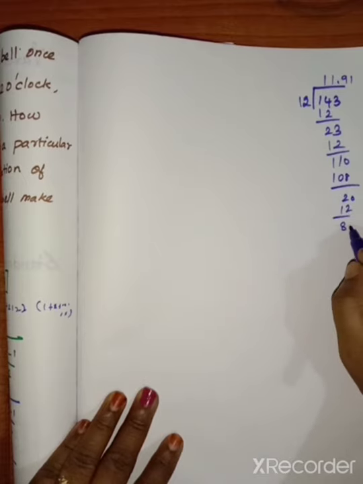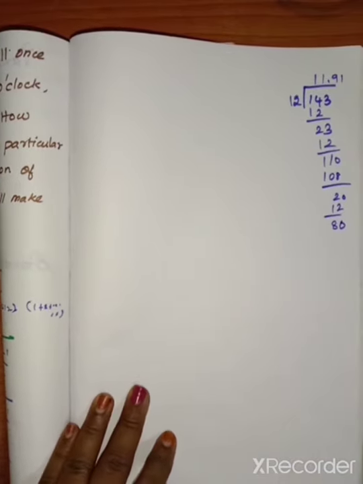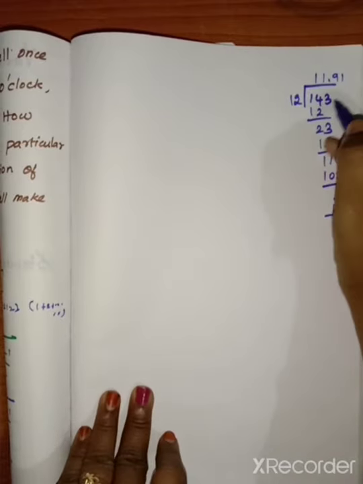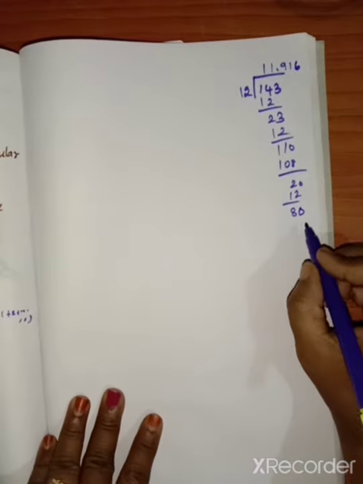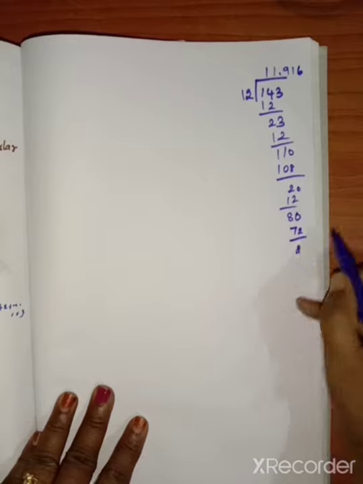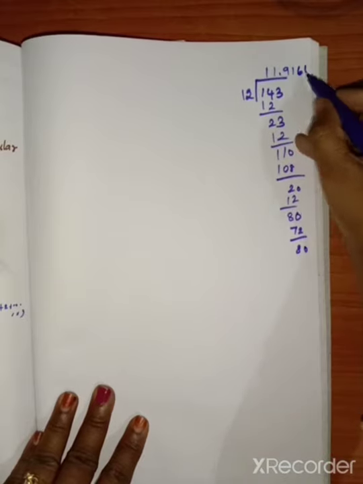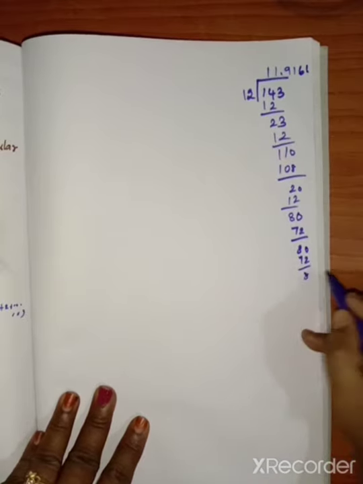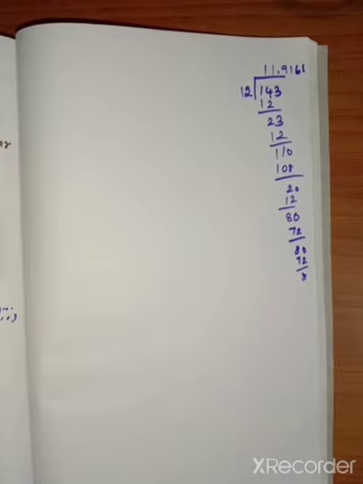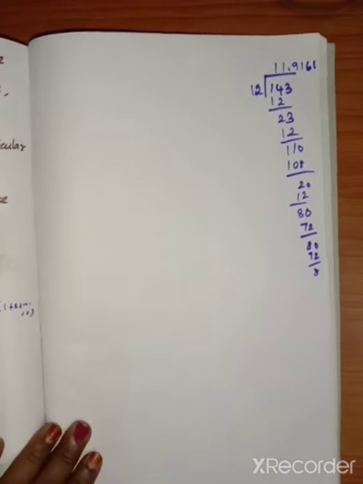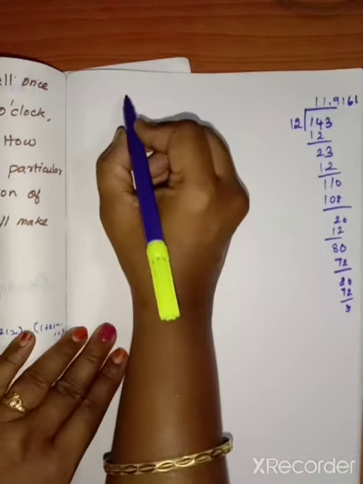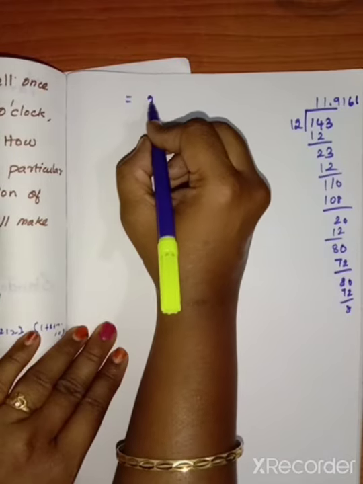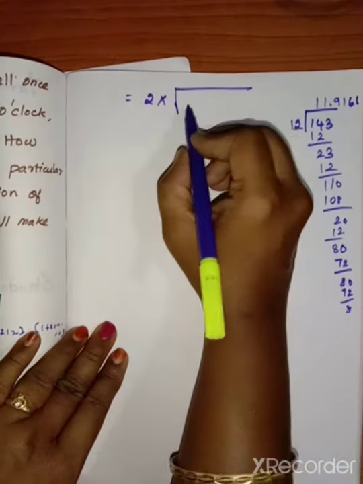Already the decimal is there, so 80. Again 6 times 72, remaining 8. It will be going on 6 6 6 6, like that. So we can stop there.